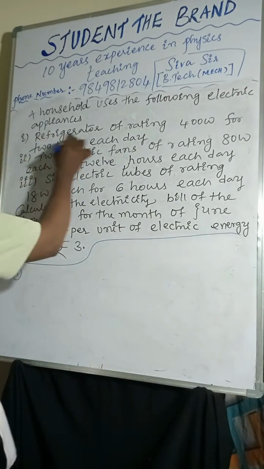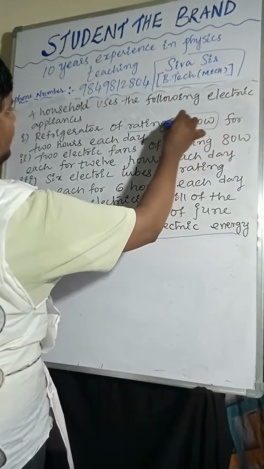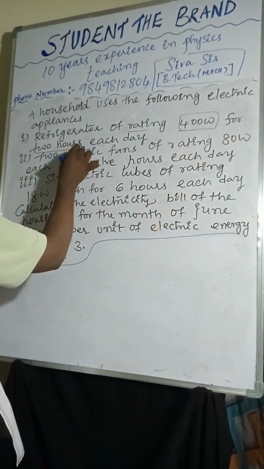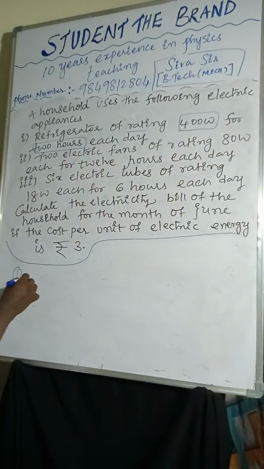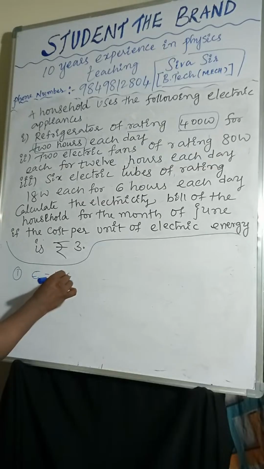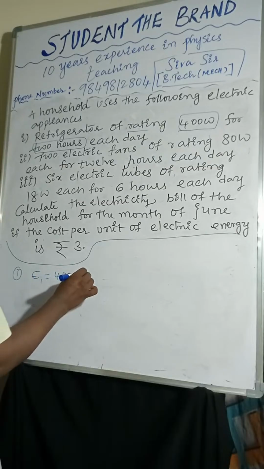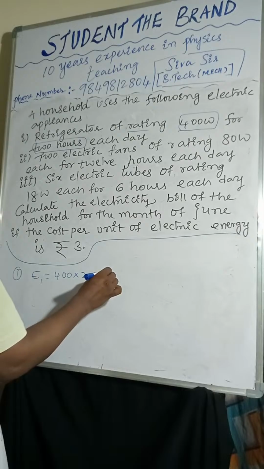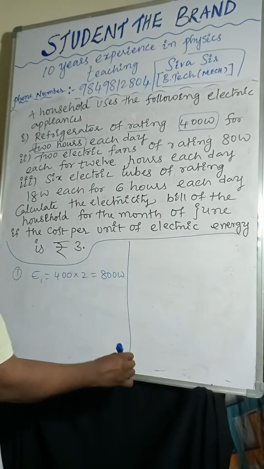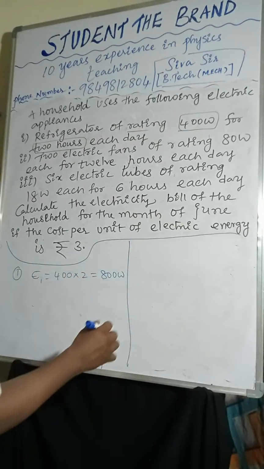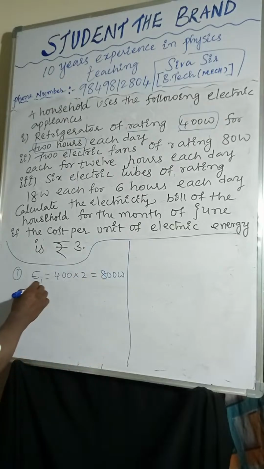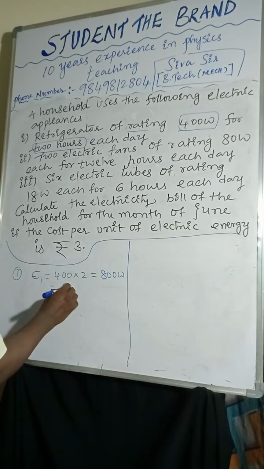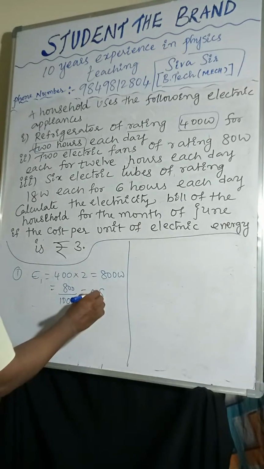Refrigerator of rating 400 watts for 2 hours, so E1 equals 400 into 2, which gives 800 watt hour. We must convert it into kilowatt hour, so divide by 1000. 800 by 1000 gives 0.8 kilowatt hour.